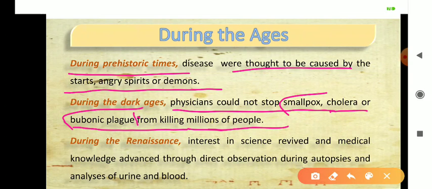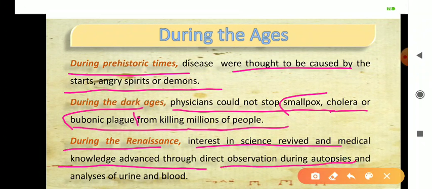Then during the Renaissance, interest in science revived and medical knowledge advanced through direct observation during autopsy and analysis of urine and blood.